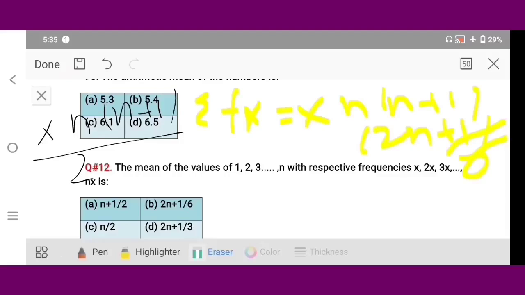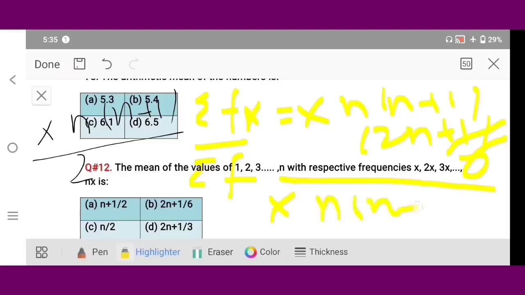So we have summation fx divided by summation f. Just divide this: summation f, and here we will write x n plus 1 by 2. So x will be cancelled, n will be cancelled, n plus 1 will be cancelled.